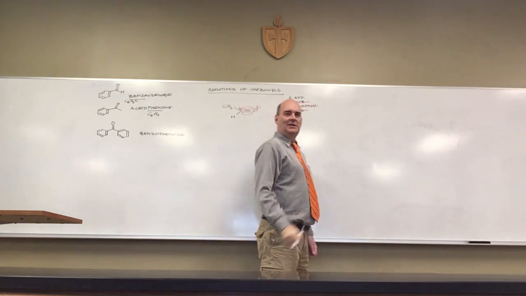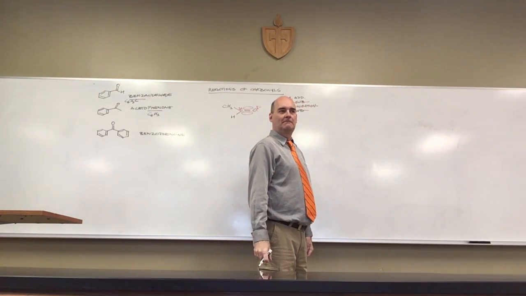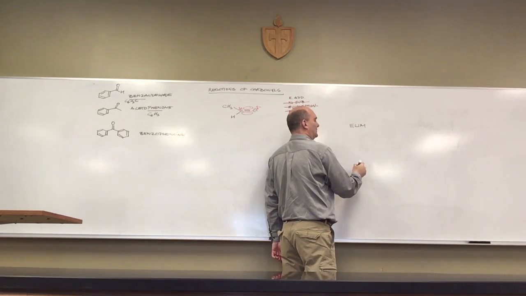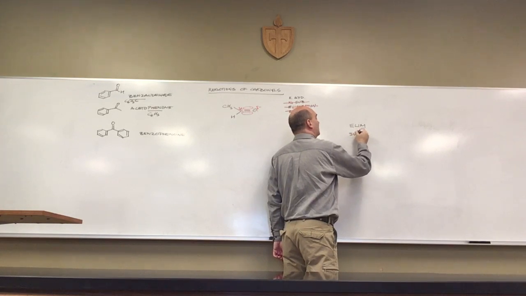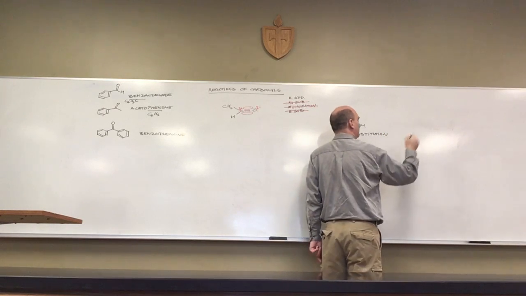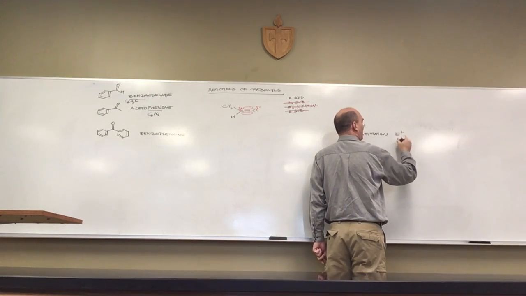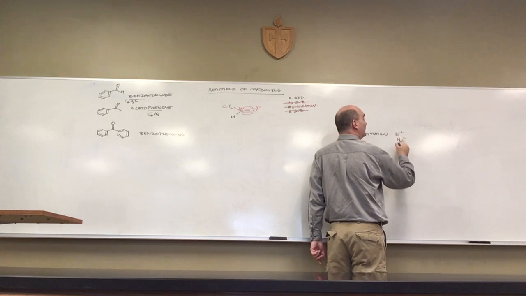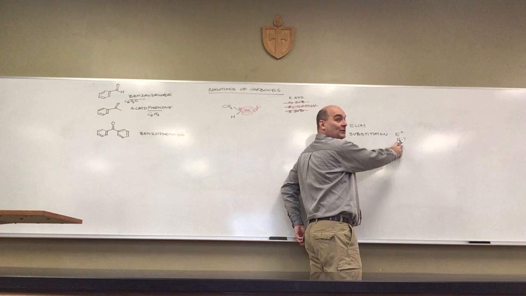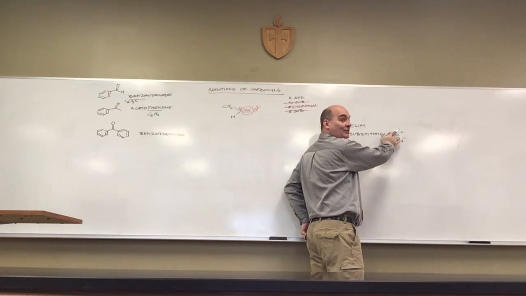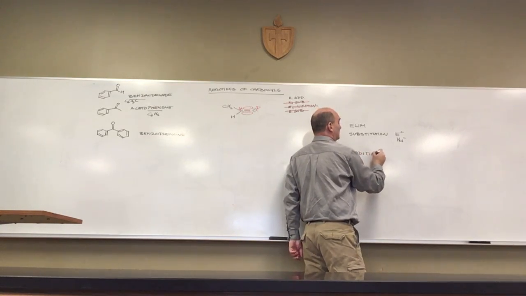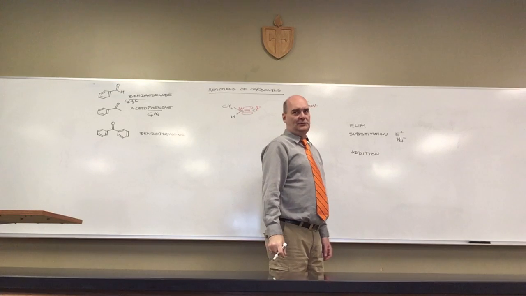But how many mechanisms are in the book? For eliminations. And then I have substitutions. I have two types of substitution. I've got the electrophilic and I've got the nucleophilic. We saw the nucleophilic. Haloalkanes do nucleophilic substitution, and benzene rings do electrophilic substitution. And then I have additions. And there are two types of additions.